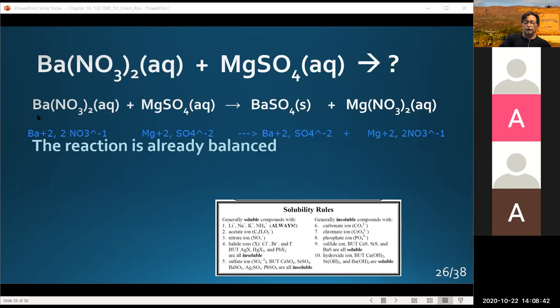If I have 1 googolplex molecules of barium nitrate, how many magnesium sulfates do I need? All right, well, maybe that number's too big. How about this one? If I have 1 barium nitrate molecule, how many magnesium sulfate molecules do I need?